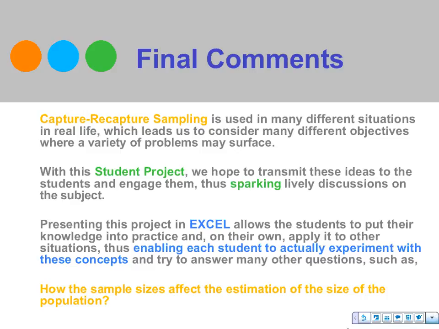And you can try, for example, different sizes for the marked individuals and different sizes for the second capture, and see the behavior of the results that you get. So there are lots and lots of things that you can try with your students, and I think it's a quite interesting subject.